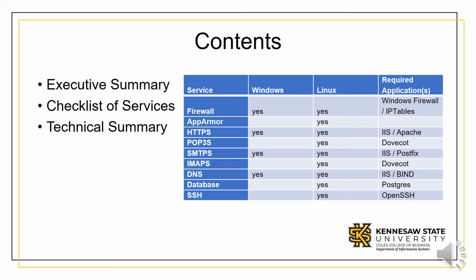So we're going over the vulnerability assessment of Michael Grant's systems. This is a report, and first we'll start with the executive summary. This is a report that provides an analysis of Michael Grant's Windows Server and Linux Server. This document will be listing all services that have or have not been implemented and installed, and going over any vulnerabilities that have been detected.